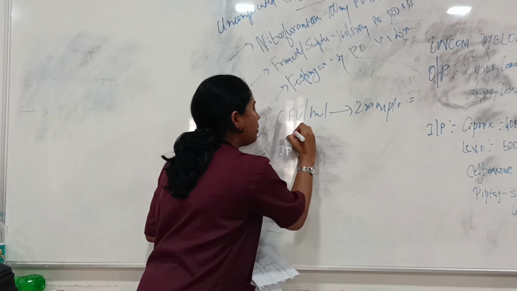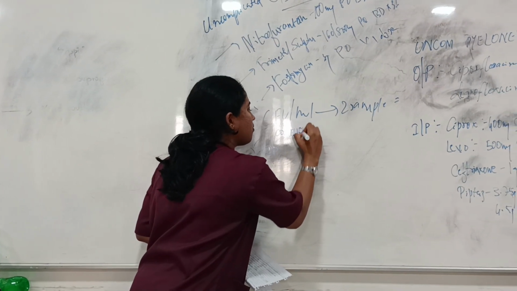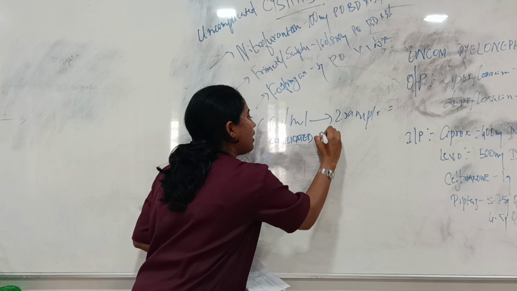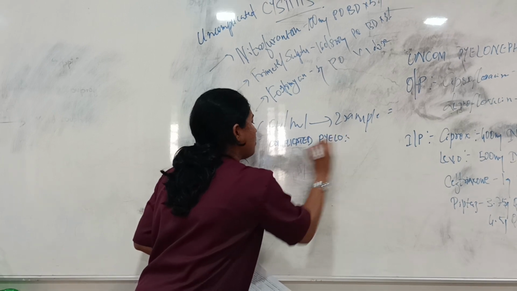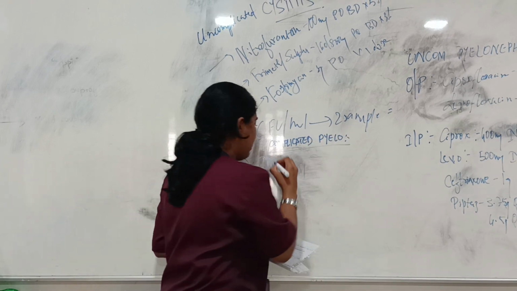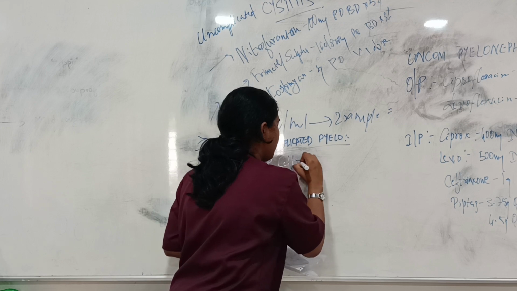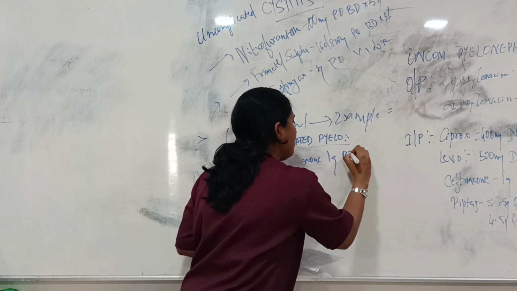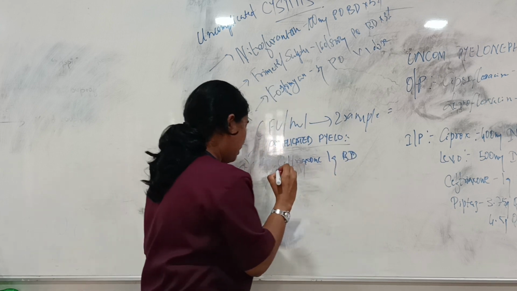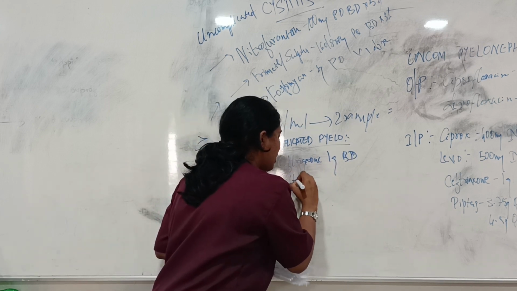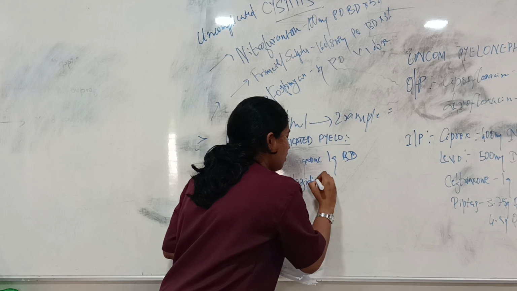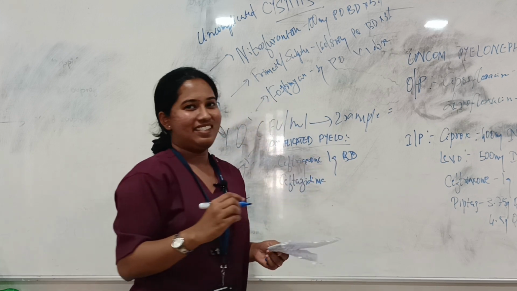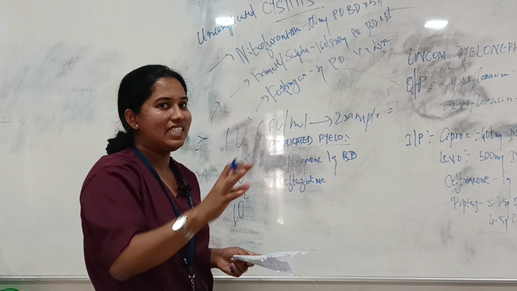This is for complicated pyelonephritis. In case of inpatients, ceftriaxone 1 gram BD. Then it is ceftazidime class, third generation, okay.